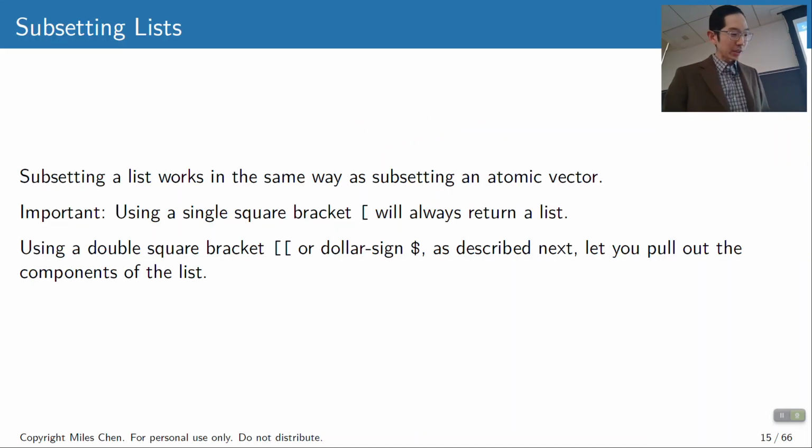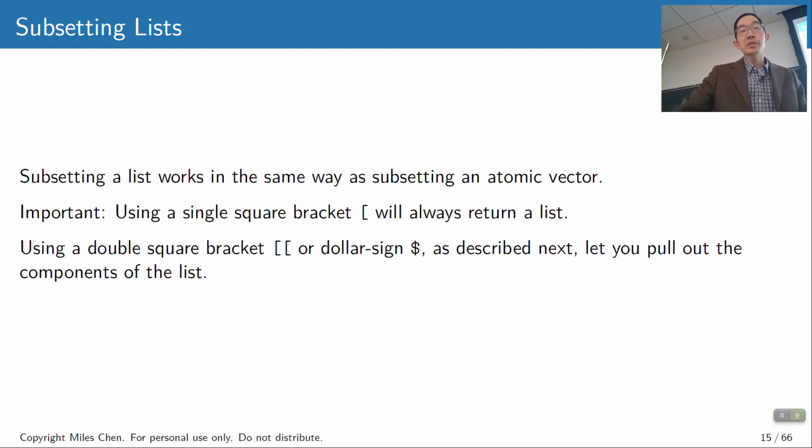Okay, let's talk about lists. Lists are an important data structure. Data frames are lists, but we treat them like vectors while allowing them to contain values of different type. Subsetting a list works very similar to subsetting an atomic vector, but there are two different subsetting operations that you can do.